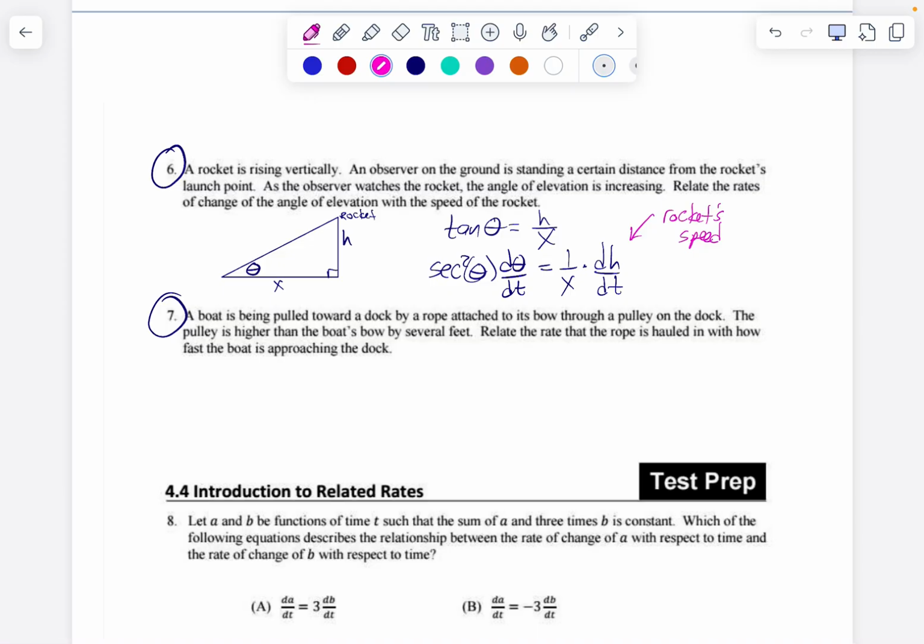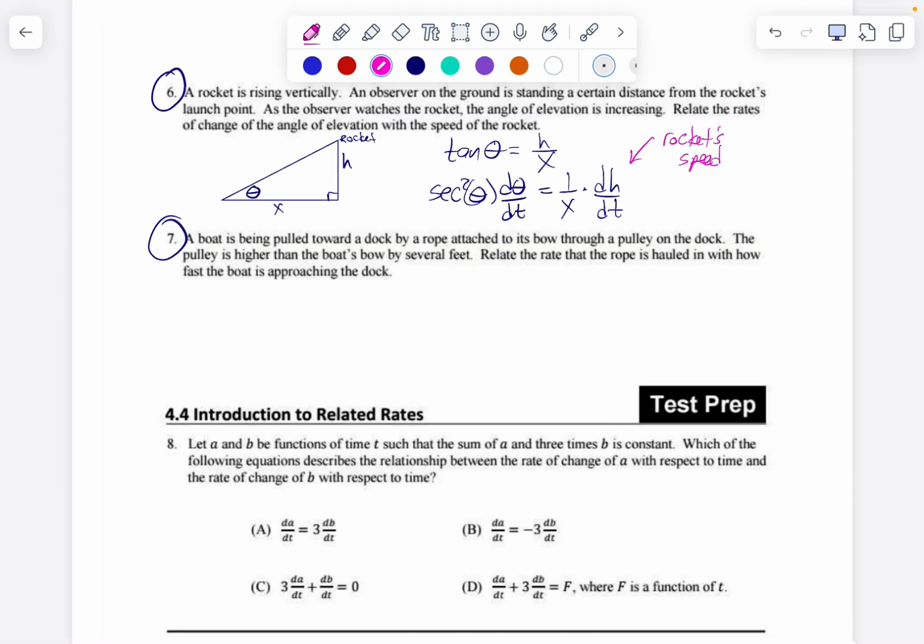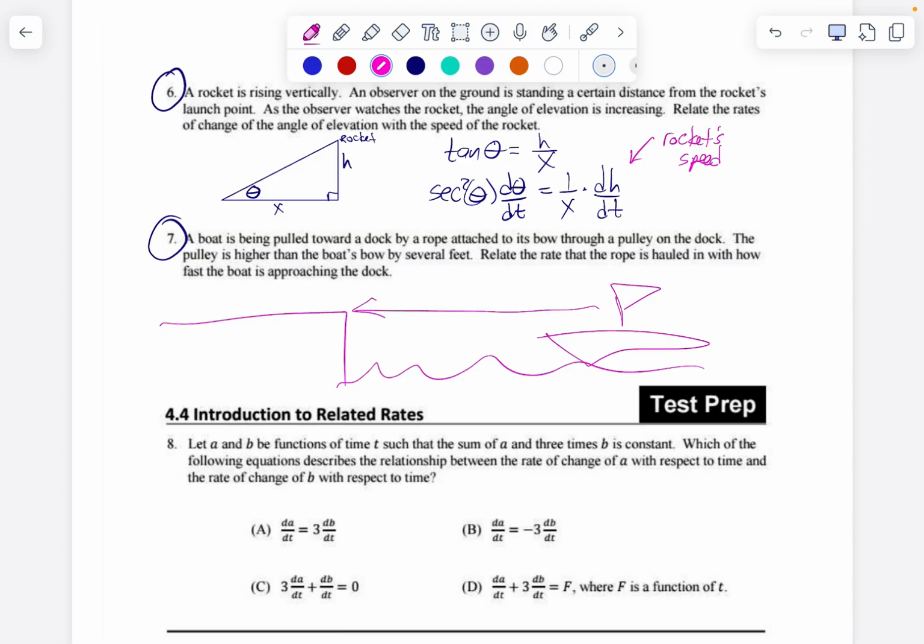I don't want to do 7, just read it. It's just another version of weird scenarios that are changing with respect to each other. So we have a boat being pulled towards a dock, right? Here's our water, here's our boat. We're pulling the boat closer to the dock using the rope.